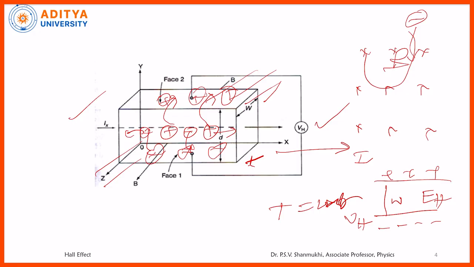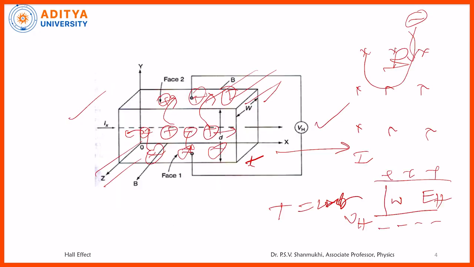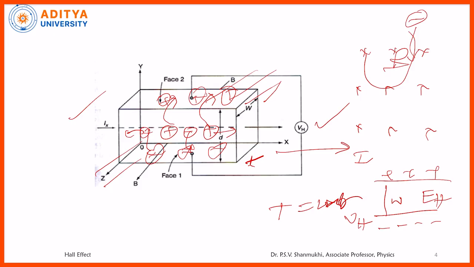In presence of the parallel plate capacitor, again the charged particles will experience some force. What is the force experienced by the charged particle? It is given by F = E e. That is the force acting. Because of the Lorentz force, the holes are experiencing force in the upward direction. Because of the negative plate, holes are experiencing force in the downward direction, and in the same way we can expect the force on electrons also.